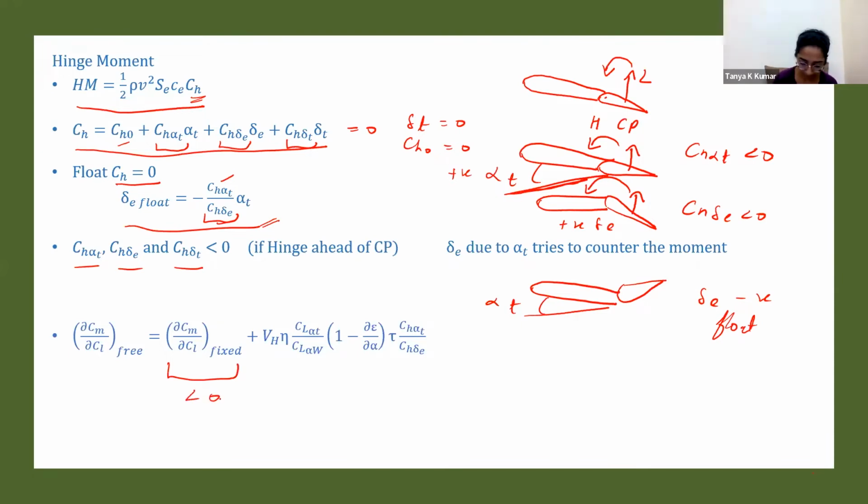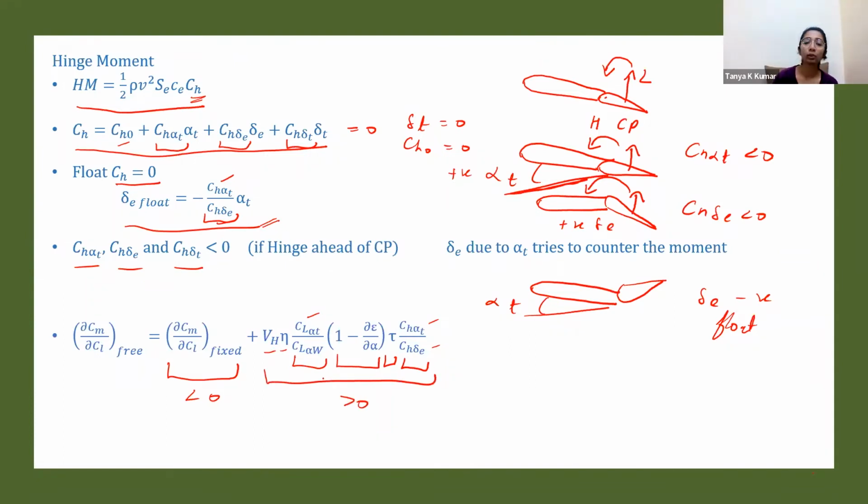Now let's look at the second term. VH is positive, the tail efficiency factor is positive, CL alpha tail and CL alpha wing are both positive. This entire thing is a positive quantity less than 1. Tau, the tail control surface effectiveness parameter, is positive. These two terms are negative, so this is also positive. That means this entire term is positive.